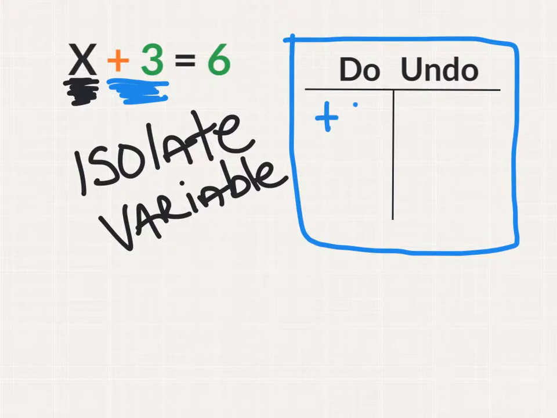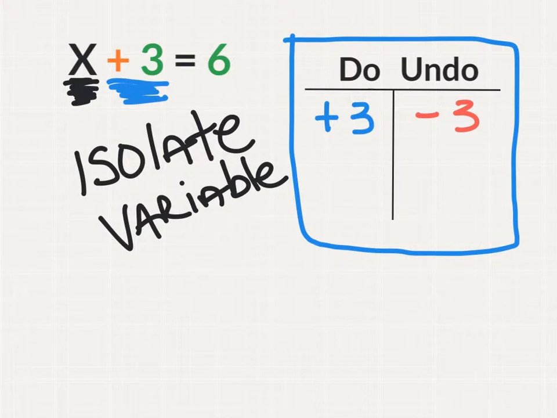Right now, what's being done to x is plus 3, adding 3. So we're going to use an undo in order to solve for the value of x. The undo is the inverse of the do. So if the do is adding 3, then the undo is subtracting 3.